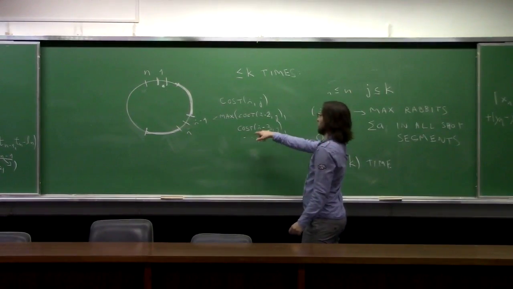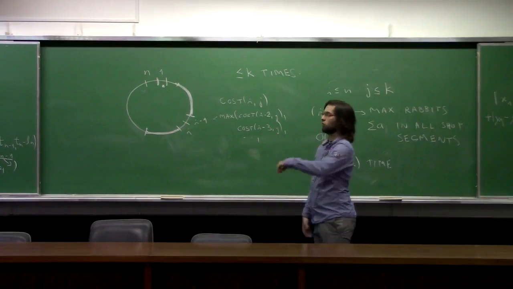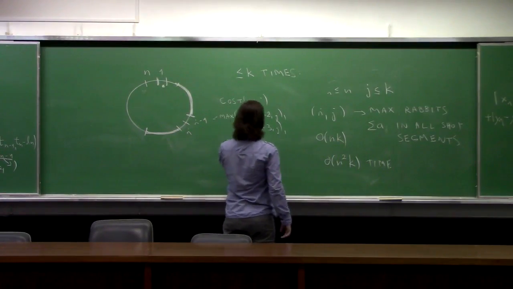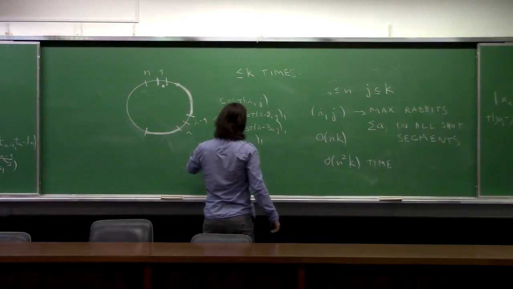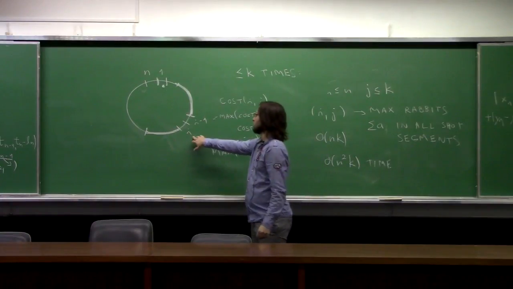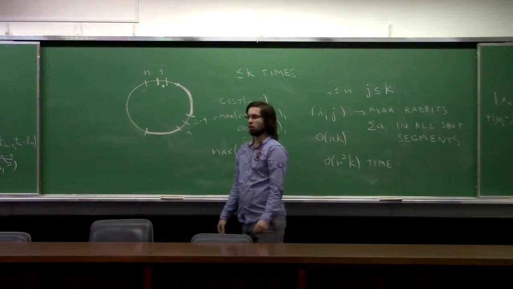So the maximum of costs I minus 2 and all previous ones, and then the maximum of costs where this place I is shot.